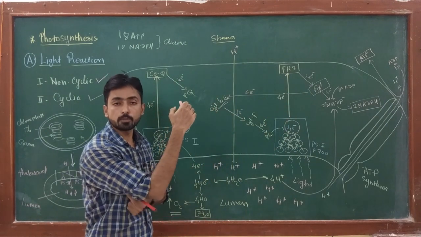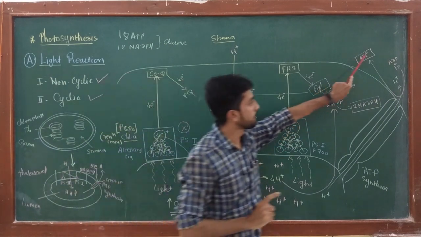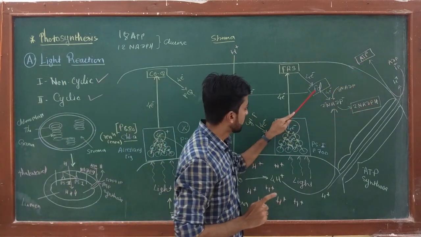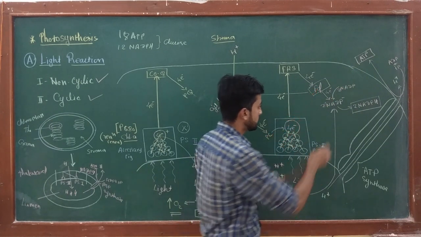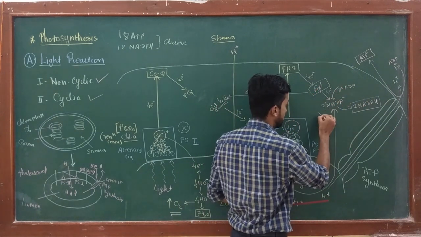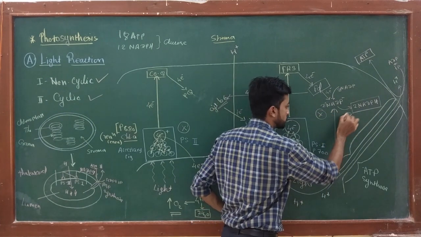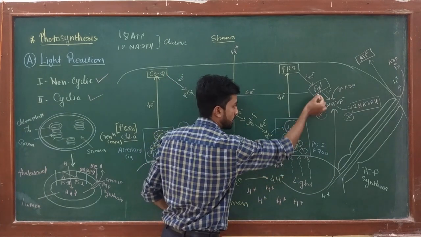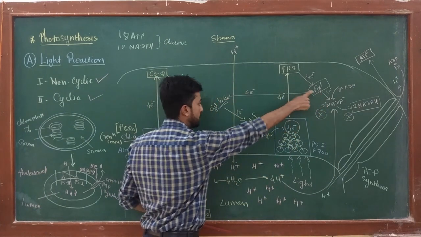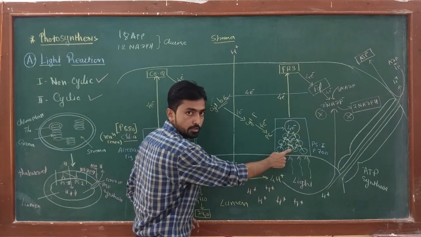So what are the products of the cyclic flow? Cyclic photophosphorylation only produces ATP and not NADPH, because electrons are not transferred from ferredoxin towards NADPH, so this reaction does not occur. Instead of going forward, the electron comes back from ferredoxin towards cytochrome b6, and from cytochrome b6 to photosystem 1.